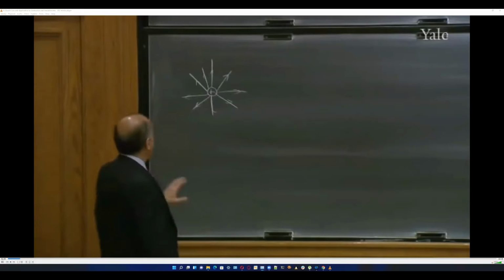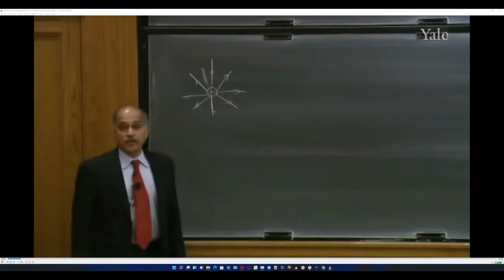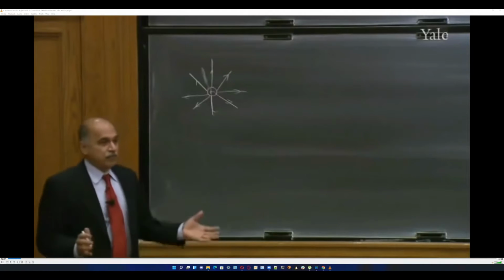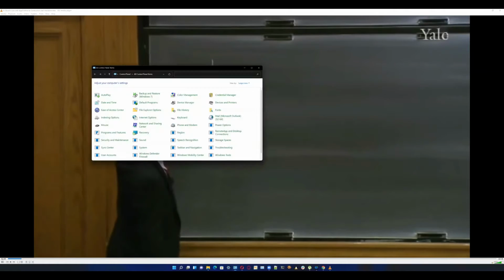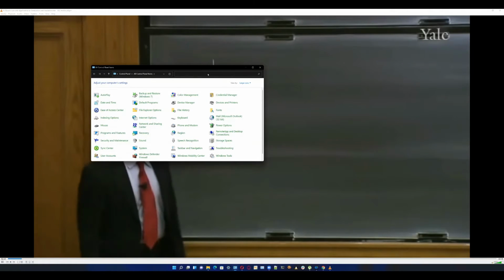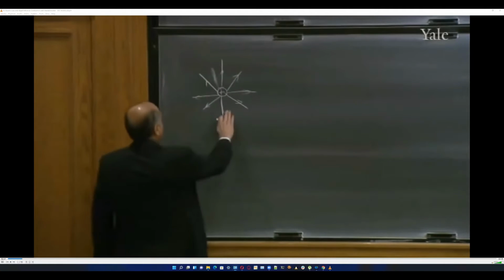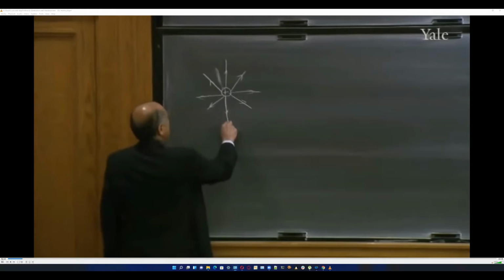So you can only have a distribution of lines which respects the symmetry of the source, or the cause of the field lines. You understand that? It cannot be biased one way or the other, whereas this distribution, if you turn it around, looks exactly the same.